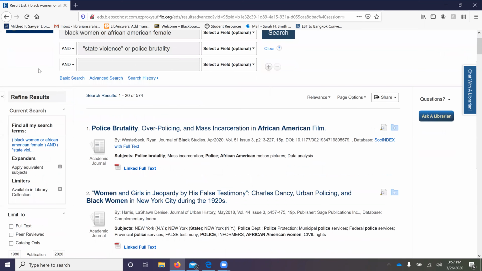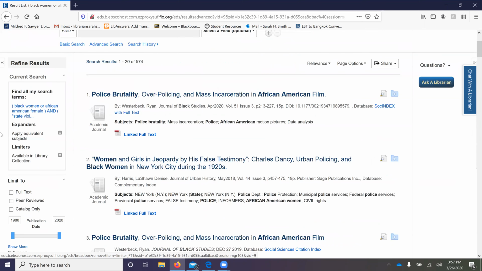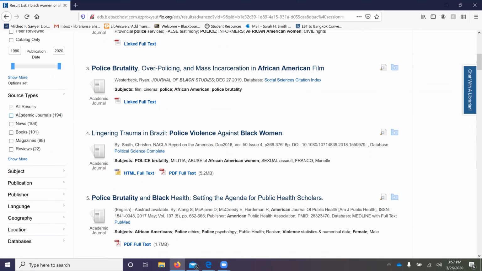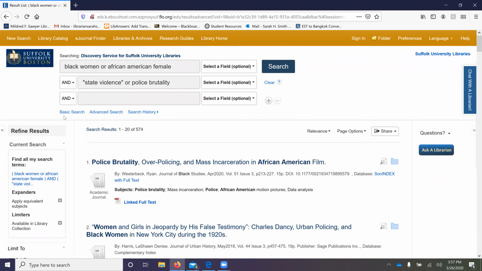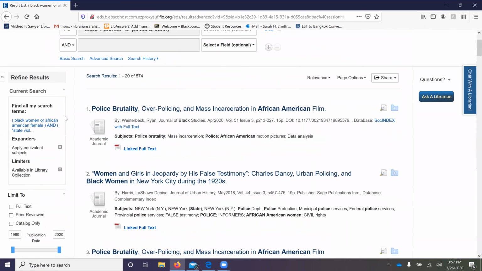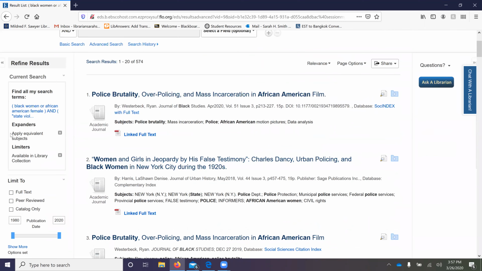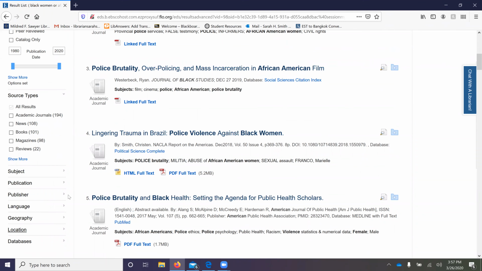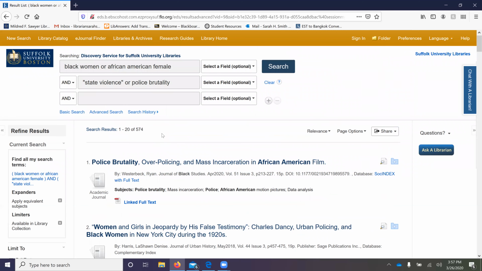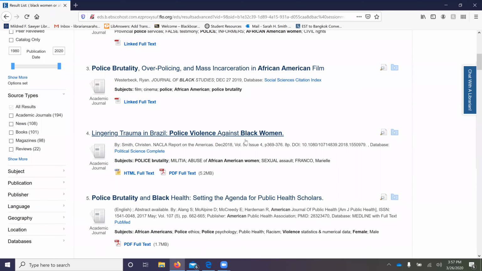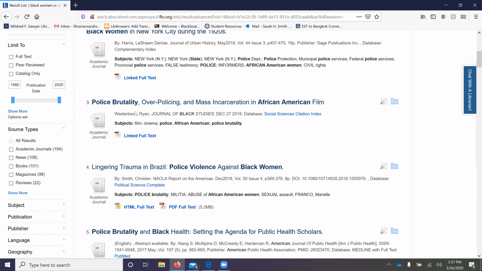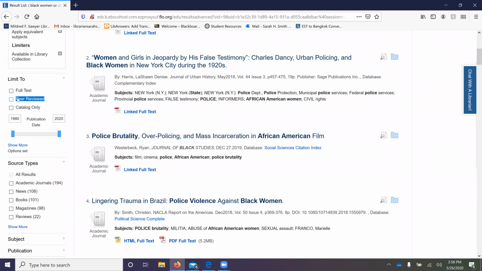So we're going to look through our results and we're going to look at the limiters. Because we are searching everything in our database, unless you have a very specific topic like I have selected here, you're going to get probably over 1,000 results. So it's good to look at the limiters on the left-hand side, right over here. What these do is they allow you to limit, so you'll get fewer results. One way you can limit is to peer-reviewed.